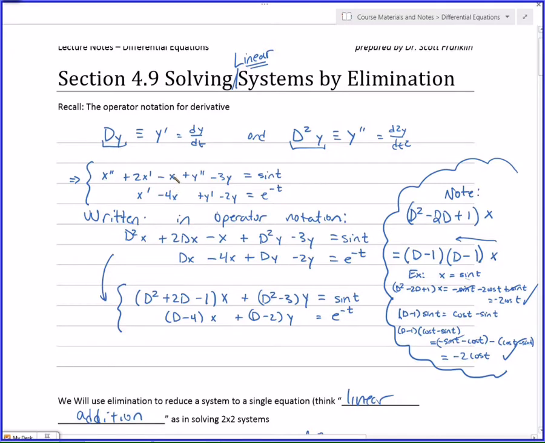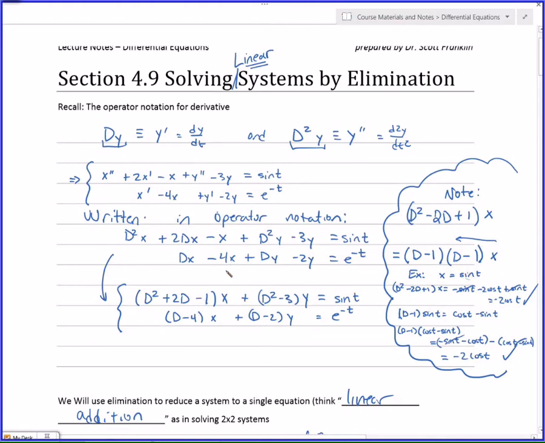What we did talk about last time is rewriting the derivative in terms of this D notation, the differential operator, so that if I had, for example, x double prime plus 2x prime minus x, I was able to rewrite that as D squared plus 2D minus 1 applied to x.